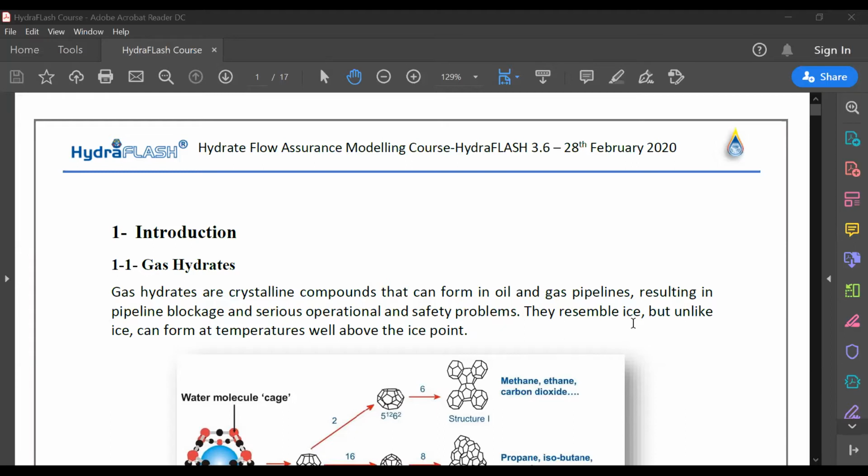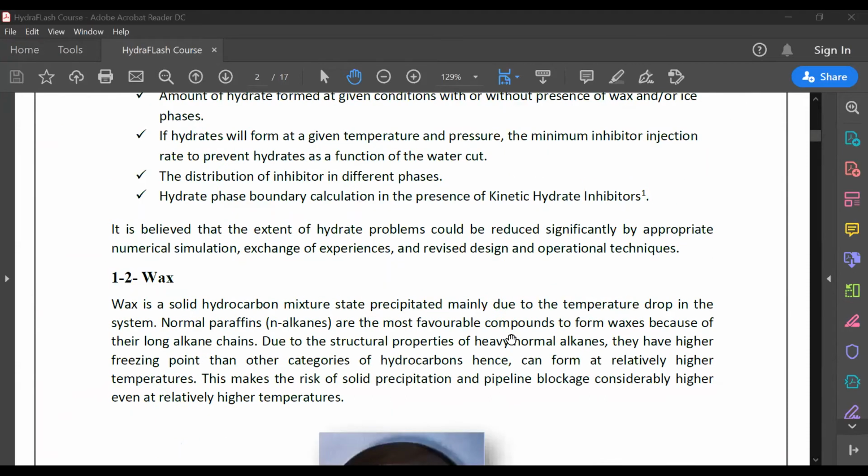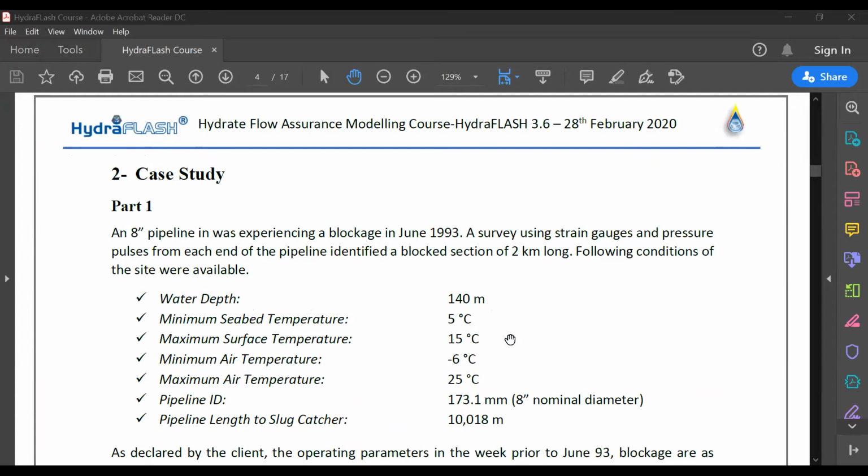In section 2, we will have a case study. There is a blockage, and we want to investigate using modeling what was the cause of the blockage and how we could solve the problem and other problems that were associated with this blockage.